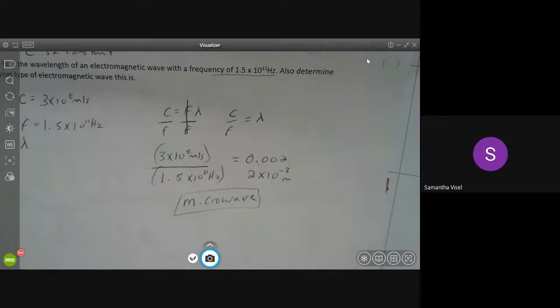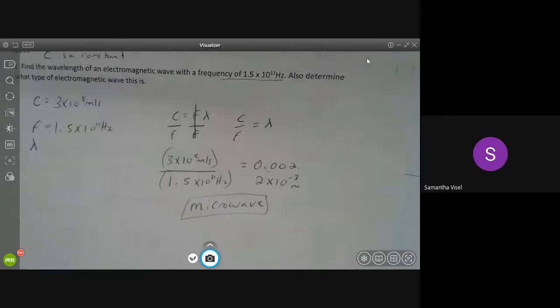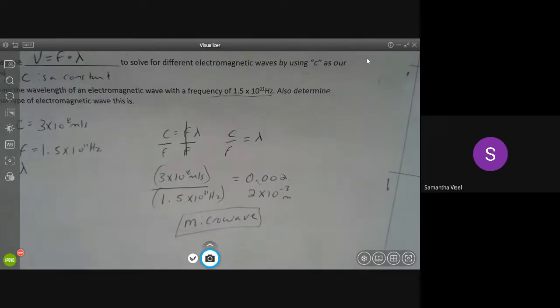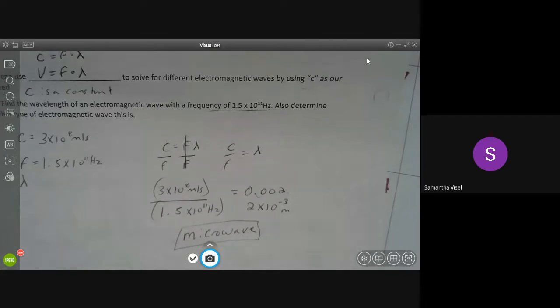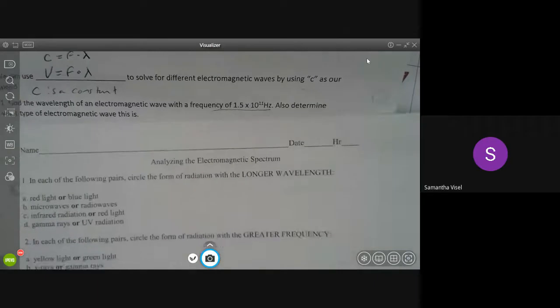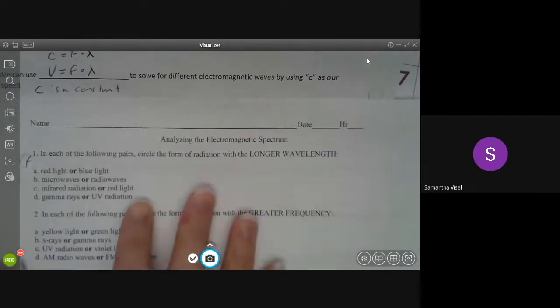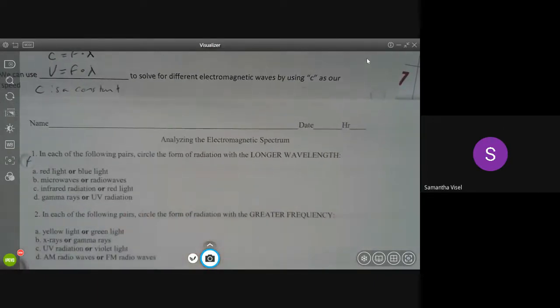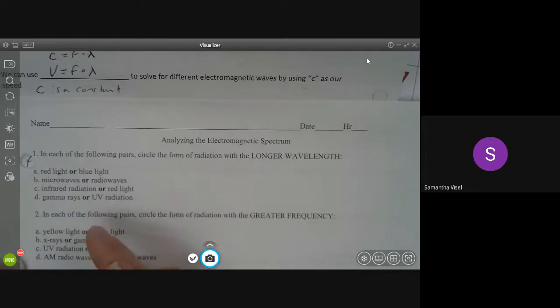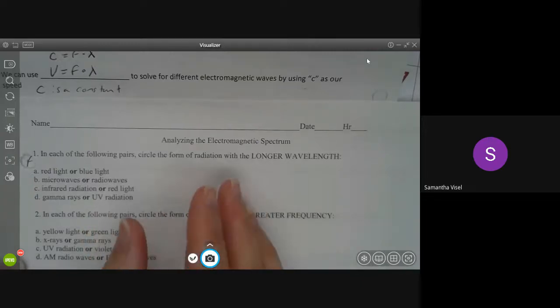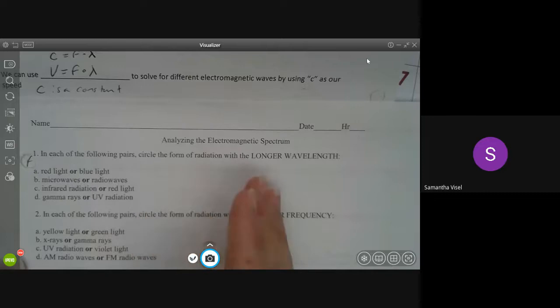At this point in time, we're going to pause the video, and we're going to have handed out here a half sheet called Analyzing the Electromagnetic Spectrum. You're going to take some time getting comfortable practicing which form of radiation is going to be on the right or the left side, where it is on the spectrum.